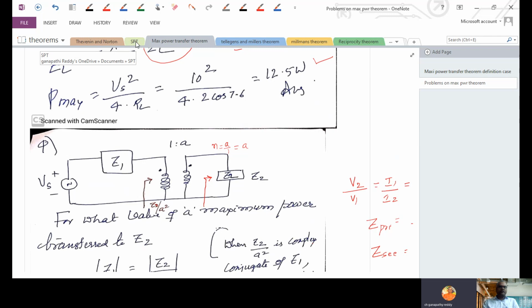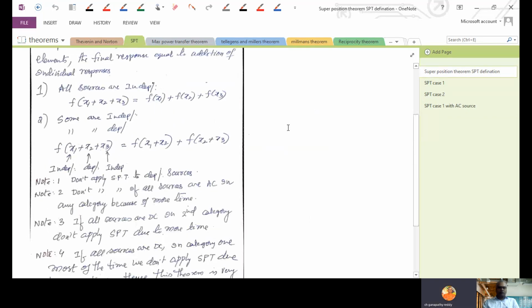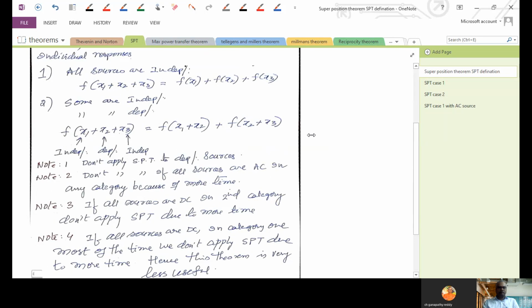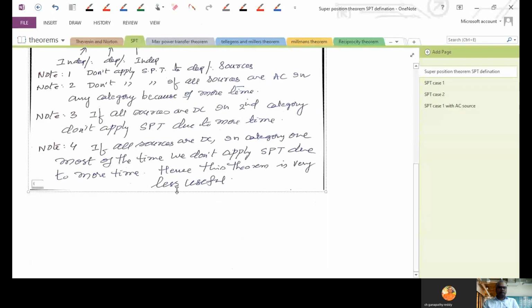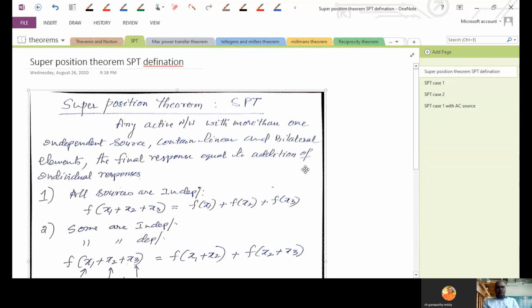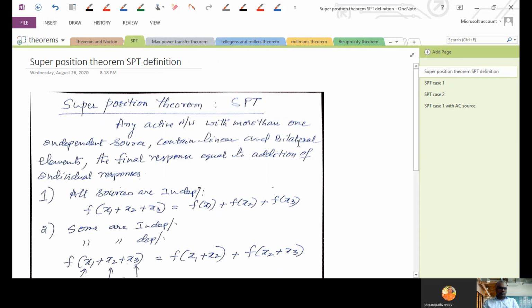Next theorem is the superposition theorem.